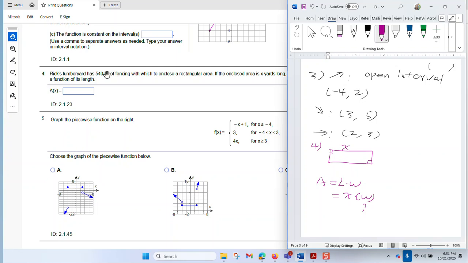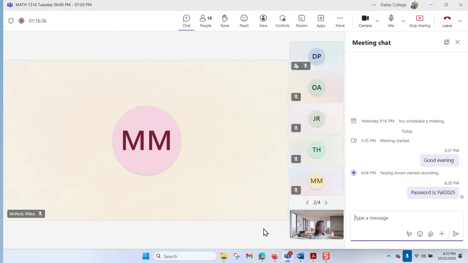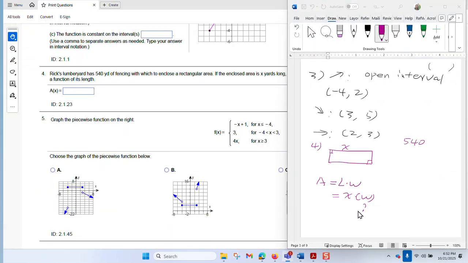All right, so now you have to know what the 540 yards means. What is 540? Can anyone give me an answer? What is 540 mean? Perimeter. It's perimeter. That's exactly right. Okay, so how do you find the perimeter for the rectangle?